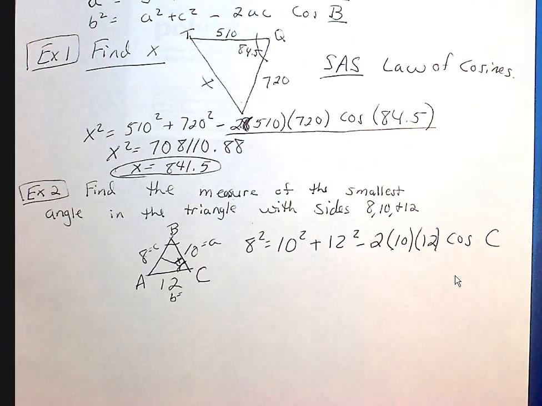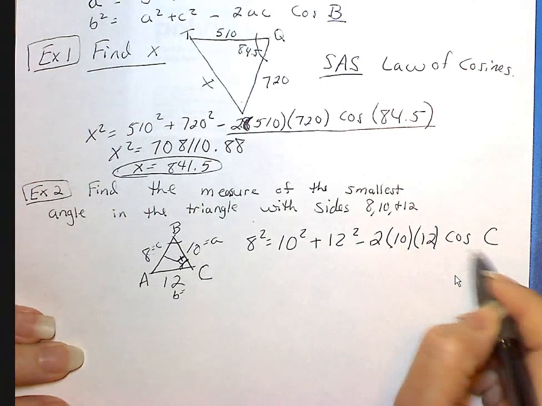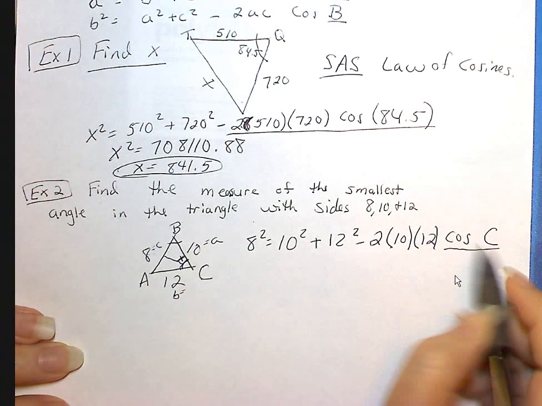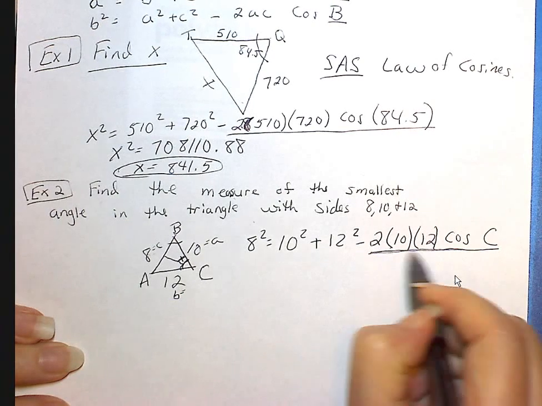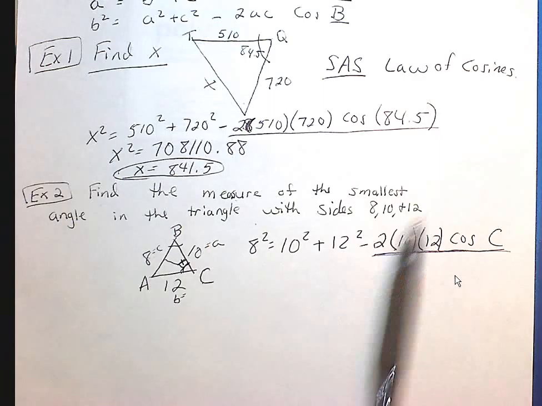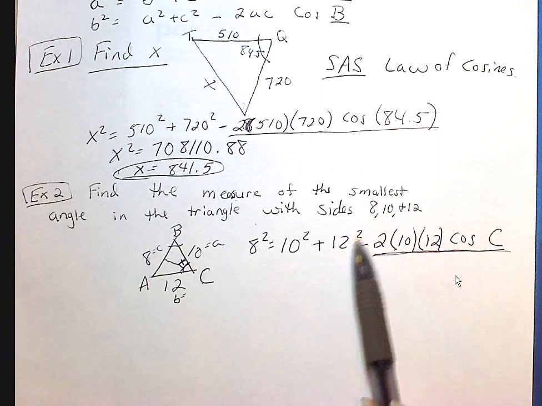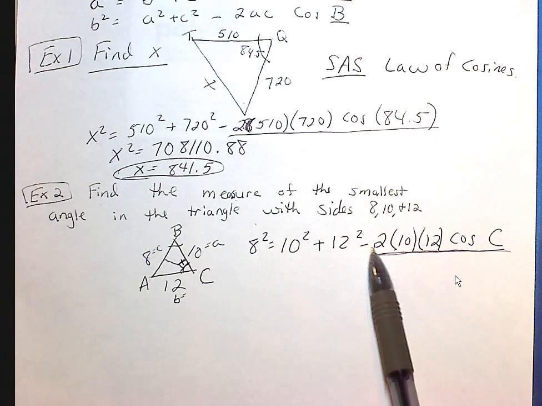So now what we have to do is get this by itself. But see how this is all multiplied by it? This has to be the last thing. So make sure that you get all of this to the other side, and then we can clean this side up.